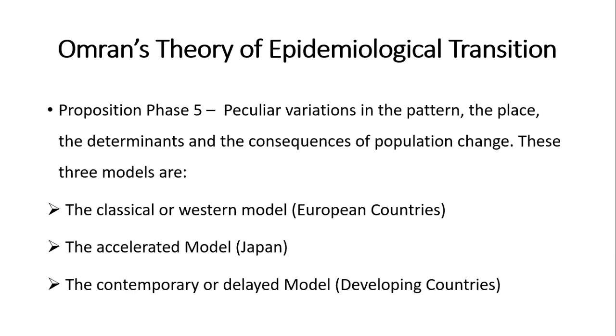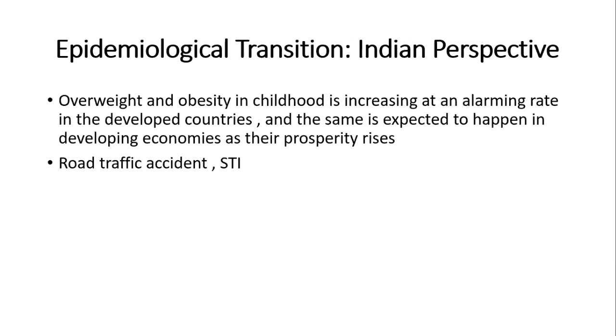So you can see a wide variation in epidemiological transition in these three models. European countries have different public health aspects, whereas countries like Japan, which have already developed, are seeing a different transition phase, whereas in countries like India and Africa, we still have the classical representation of infectious disease as well as non-communicable disease.